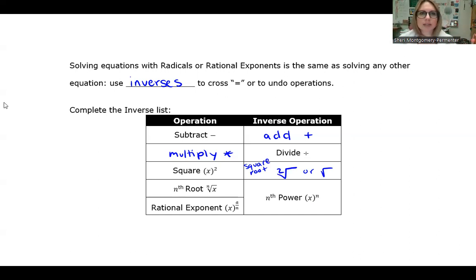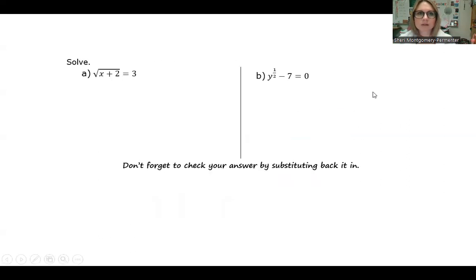Well, let's do some practice problems so you can see all this fun stuff in action. For the next one, part A. Well, there's nothing else over there. And our goal is to get x by itself. So we want to isolate the variable. I can't even do anything with the addition and subtraction until I get rid of this grouping.